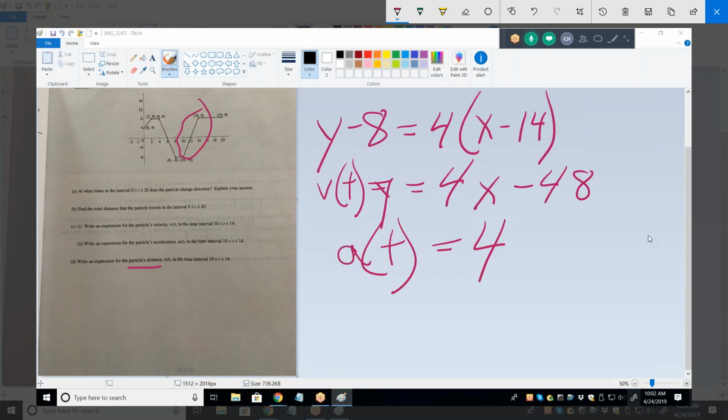And it's asking to write an expression. So what would the expression be? The particle's distance is the integral, the absolute value from there to there.